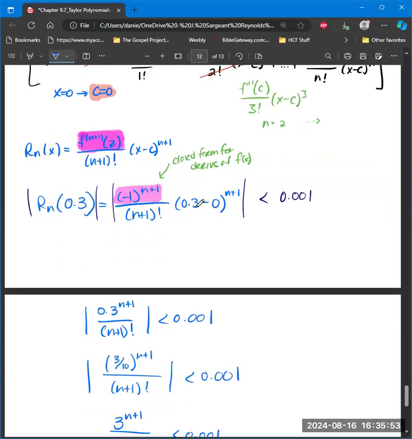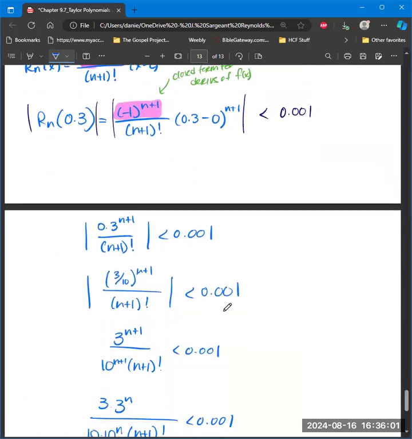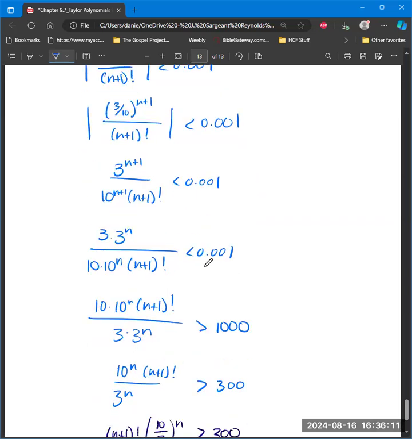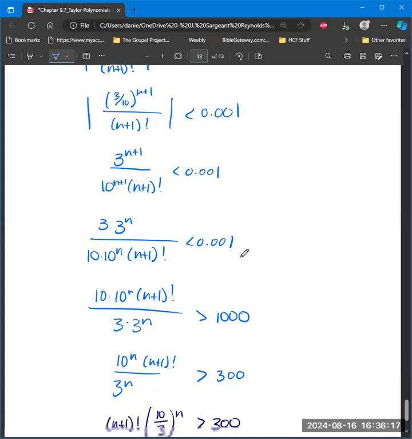And when we solve this out, 0.3 to the n plus 1 over n plus 1 factorial is less than 1,000th. So we can make that 3/10 to the n plus 1 over n plus 1 factorial. It's 3 to the n plus 1 over 10 to the n plus 1, which is 10 times 10 to the n, and this is 3 times 3 to the n.